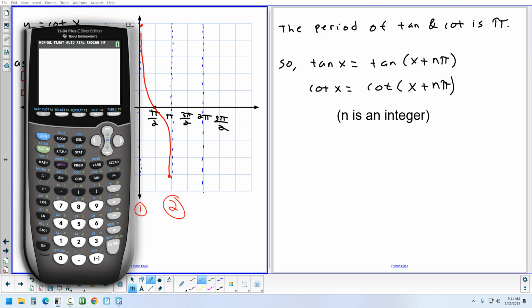For example, take the tangent of 1.4. You get that. If you take the tangent of 1.4 and you add pi to it, it's exactly the same thing.